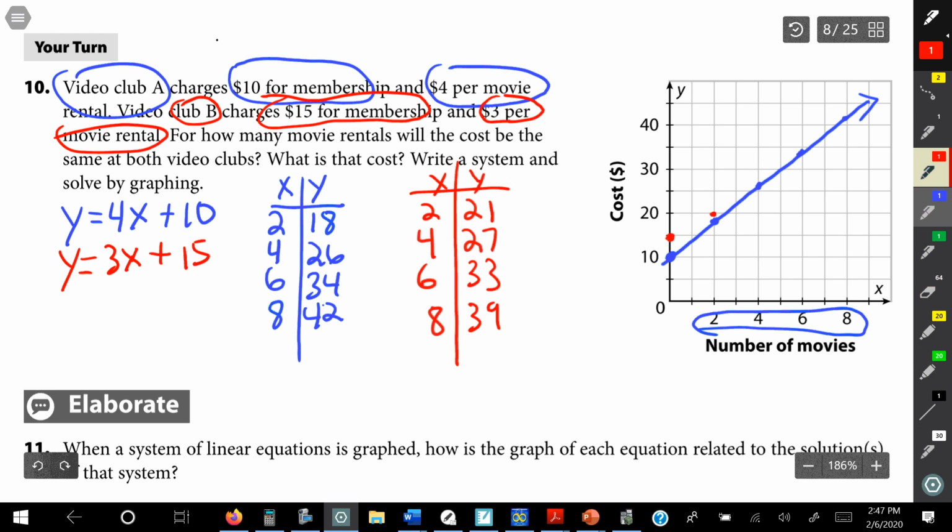And at 4, I'm at 27. More like right here. And then at 6, I'm at 33. And then at 8, I'm at 39. All right, and now we're going to draw a line somewhere in there.